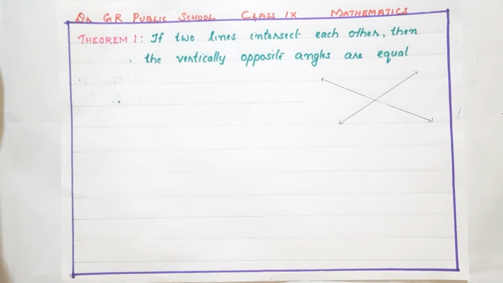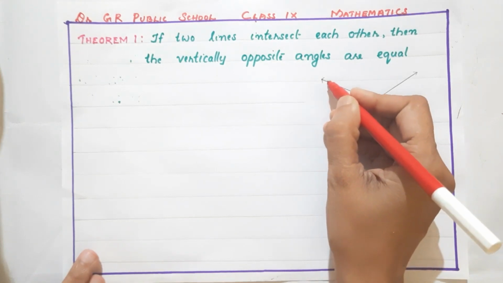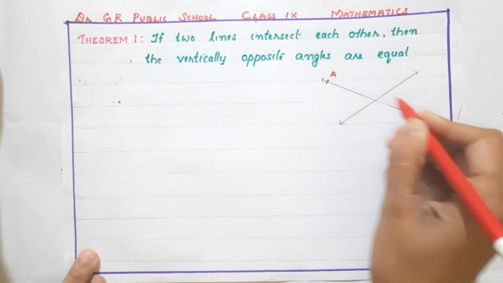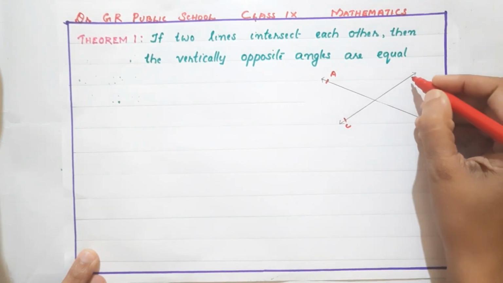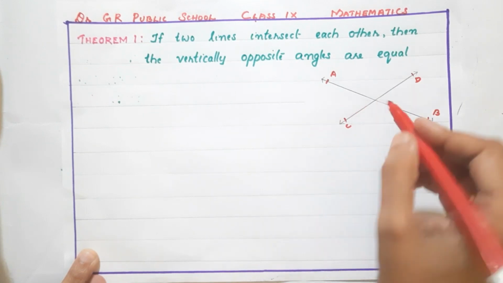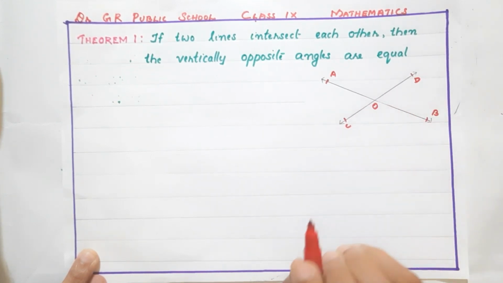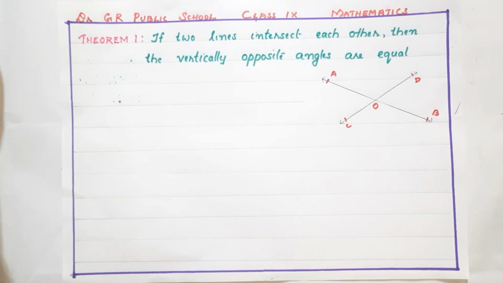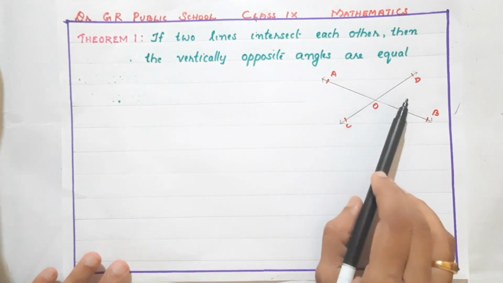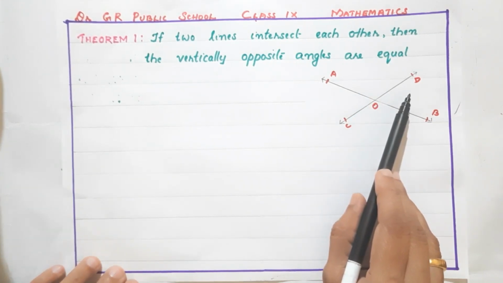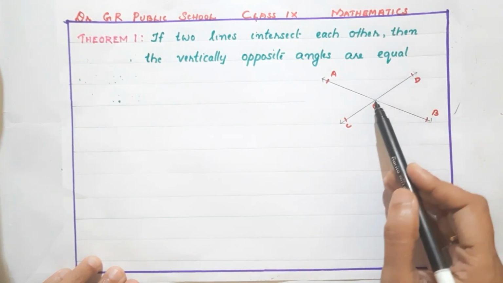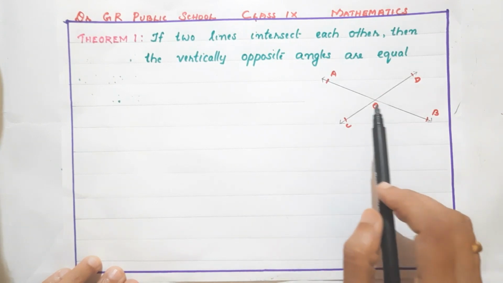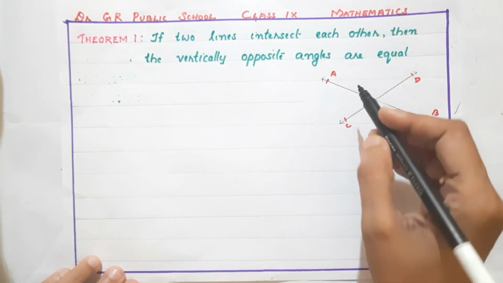So if I take this line as AB and another line CD, and they are intersecting at O, which are the vertically opposite angles? Can we say these two are vertically opposite angles? No, because if we consider these two, OD will be a common arm.